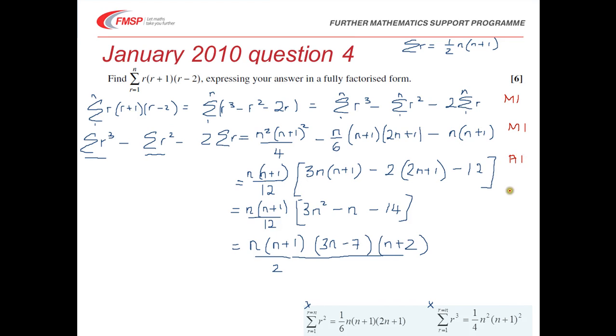You then get a method mark for attempting to factorise, and an accuracy mark if you've taken out at least n(n + 1) here, and then another accuracy mark right at the end if you've got it fully correctly factorised. So 6 marks in total for the question.